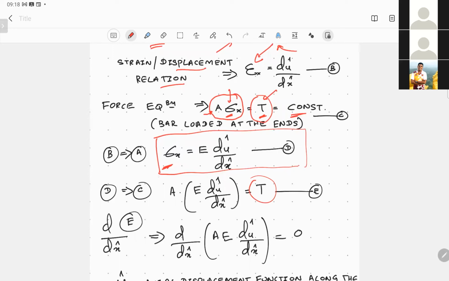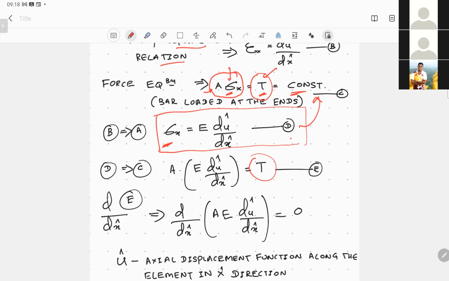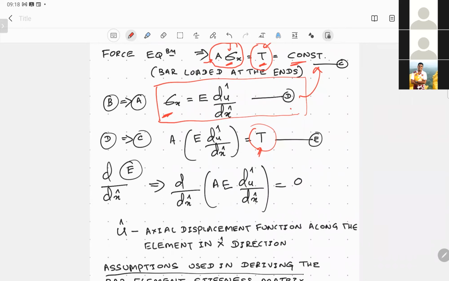So you take equation D and substitute with equation C, so that we take away the stress term, and what you would get is that now directly the tensile force is expressed in terms of the strain or displacement.